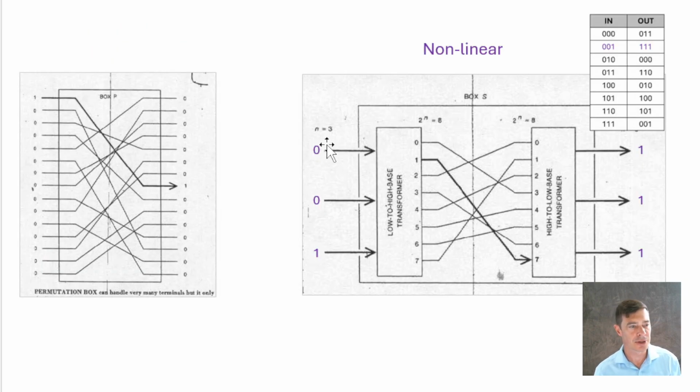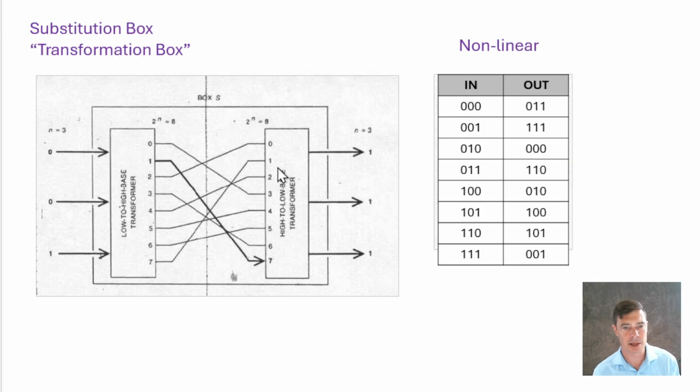And the key difference is the shuffle box is a one-to-one shift. There is a direct line still between the inputs and the outputs. However, this is a non-linear transformation. This is a break between inputs and outputs.